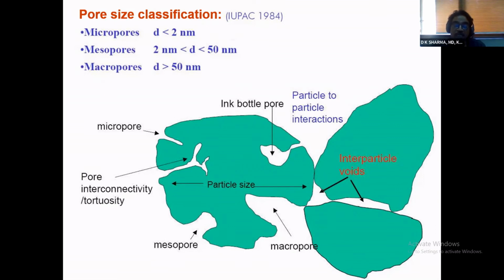That's why most nanomaterials are expected to be non-porous. But when these particles, while precipitating, are allowed to grow to a particular size, after that they start agglomerating. So the first thing is, initially, all is non-porous.